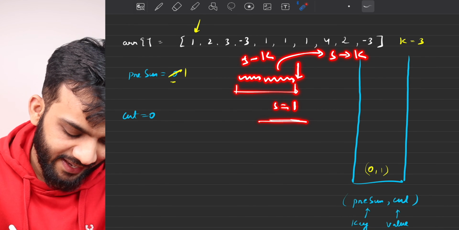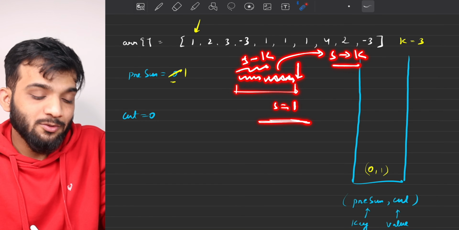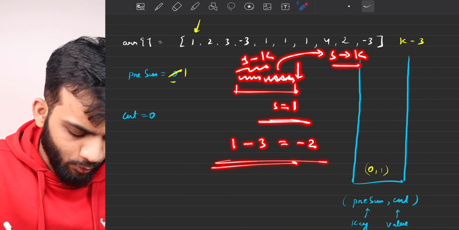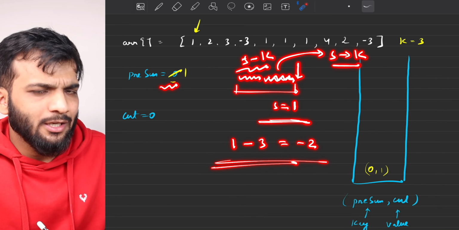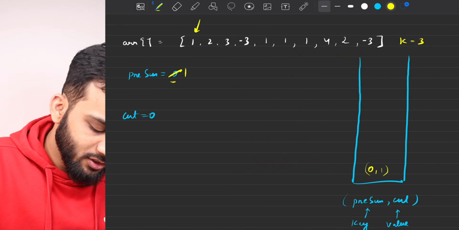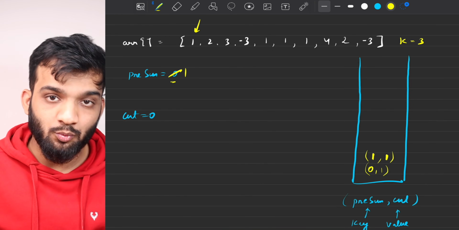Agreed? Because if this is s and I'm looking for k, the excluded people should be s minus k, which is 1 minus 3, that is minus 2. Do we have a minus 2? Do we have any previous elements that give me prefix sum minus 2? No. So not possible.